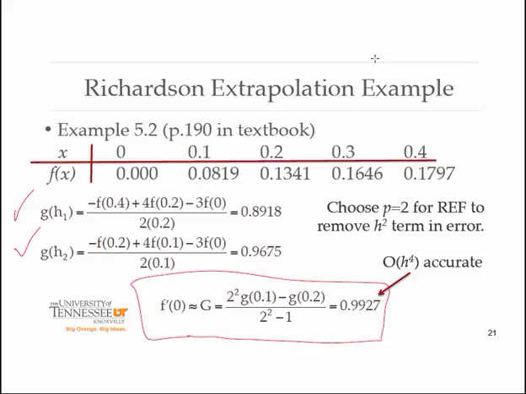So I think this is all we'll do in terms of an example of Richardson extrapolation. It's pretty straightforward, and you can see that it's not very difficult to code this.